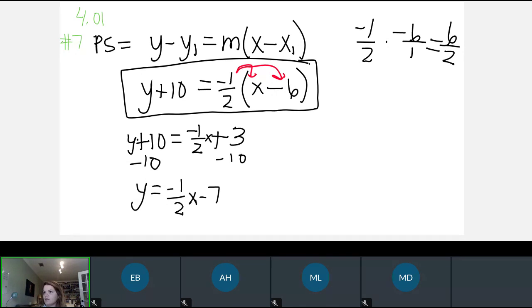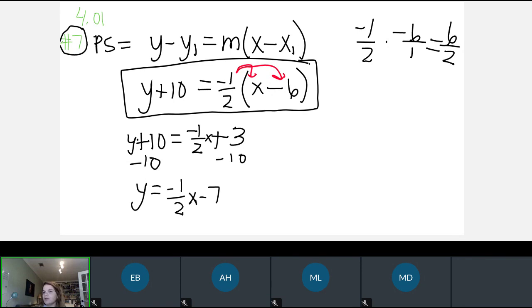This is number 7 on the 4.01 homework. It's slide number 7. Does that make sense? I don't see you logged into this homework, so you might be on the wrong homework. 4.01 point slope form is the homework that we're on. You might be on B.